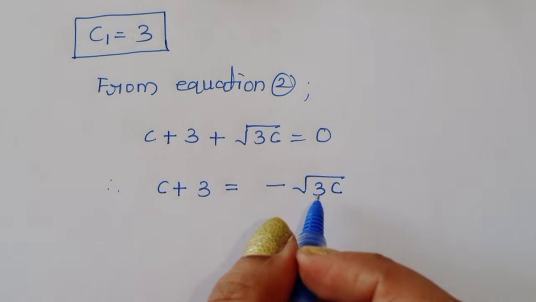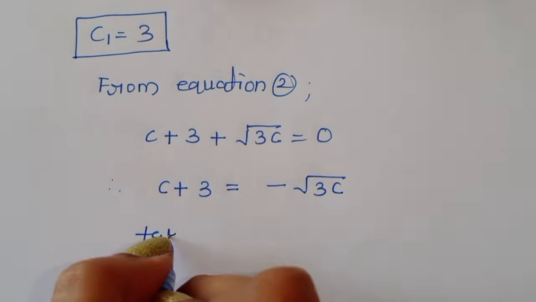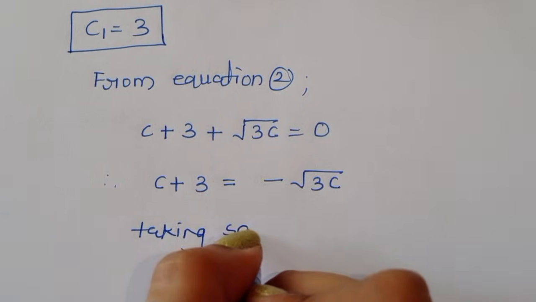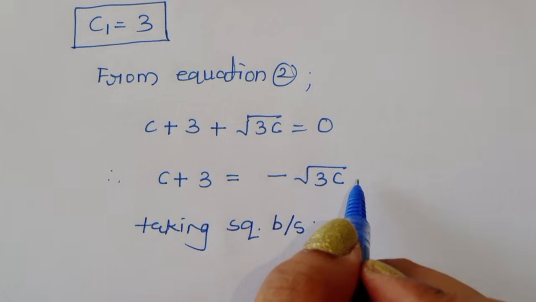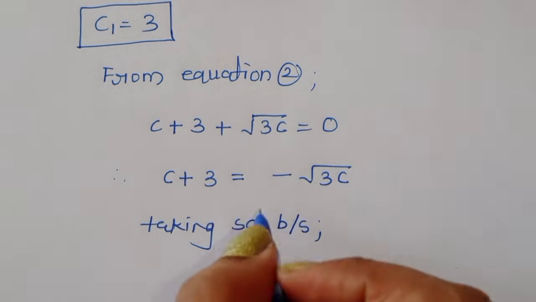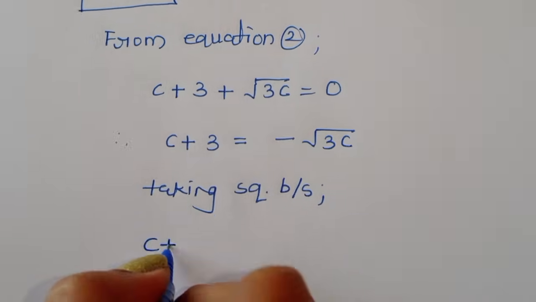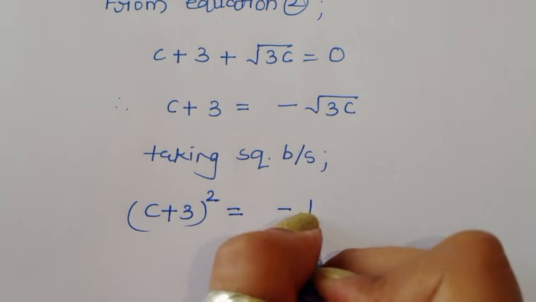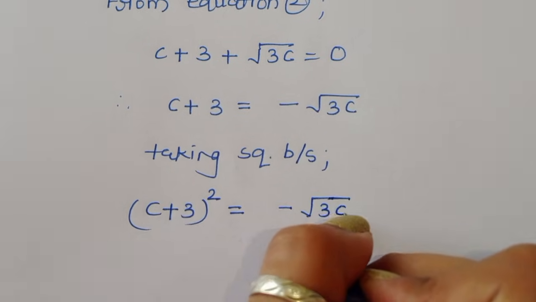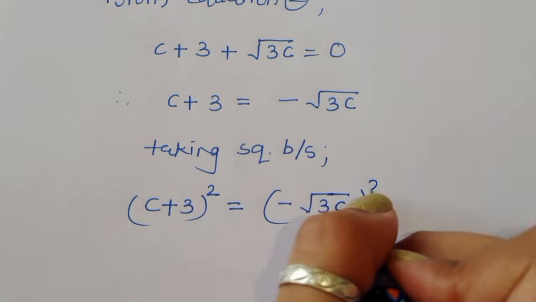Now taking square both sides, because we have to cancel this square root, so c plus 3 whole square is equal to minus square root of 3c whole square, right?